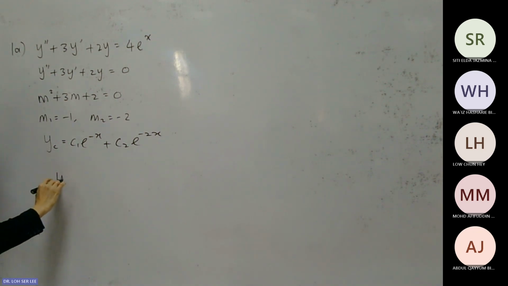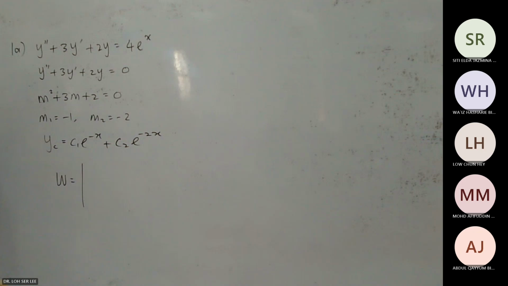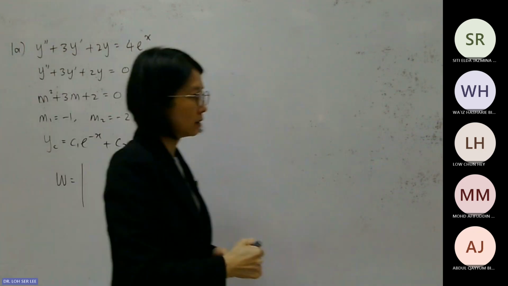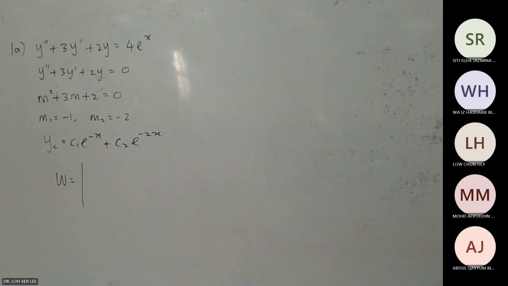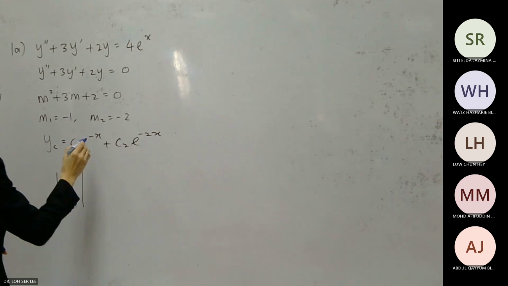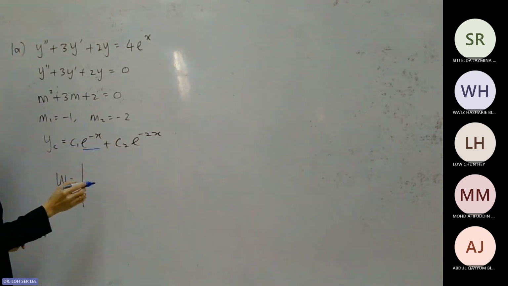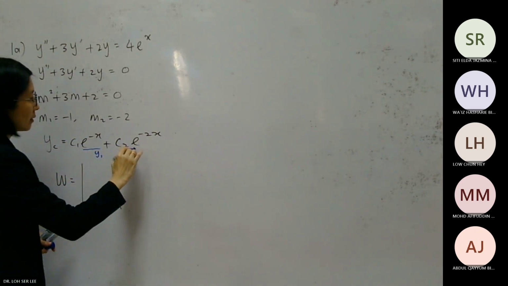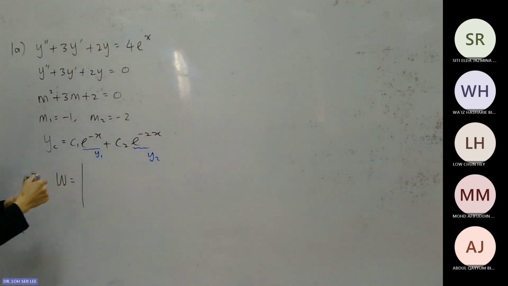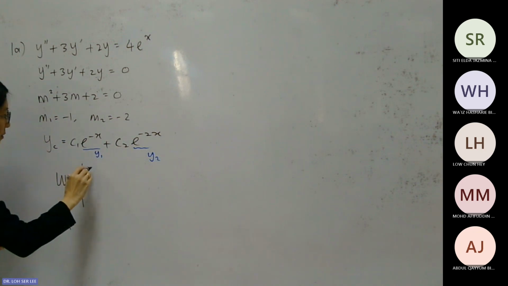Compute the Wronskian function. This one is your y1. This one is your y2. Now compute your Wronskian function.